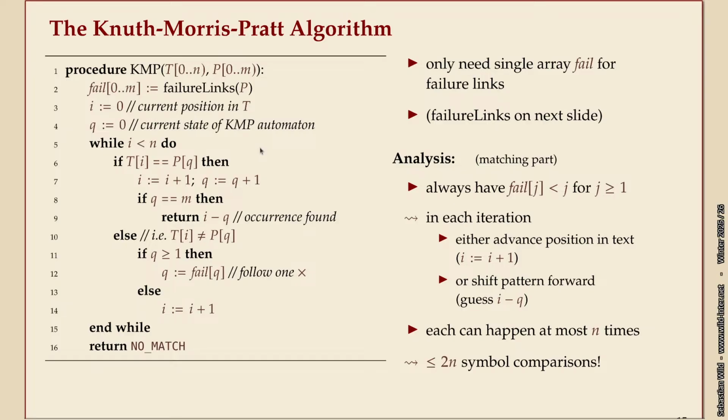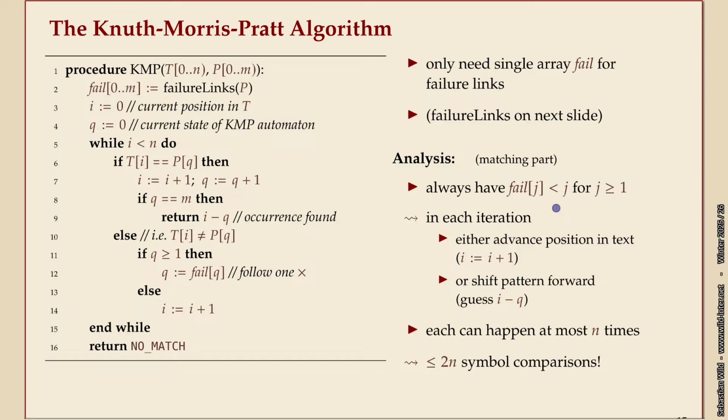But you can only get to the right one step at a time, consuming one character in the text each. The failure links might jump further left, but the worst case is that they jump one position back each time. But you can't go more to the right than you went to the left. There's no teleporting. So the total number of failure links you follow is at most the number of positions in the text.